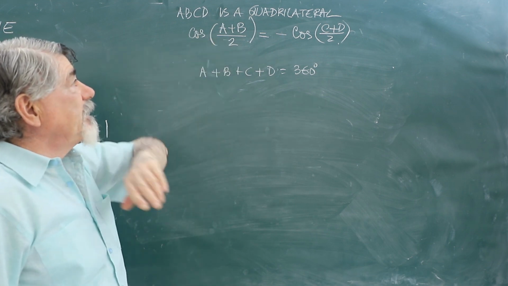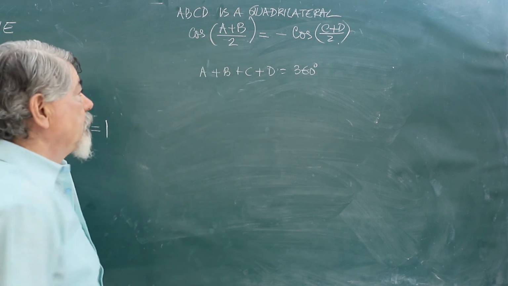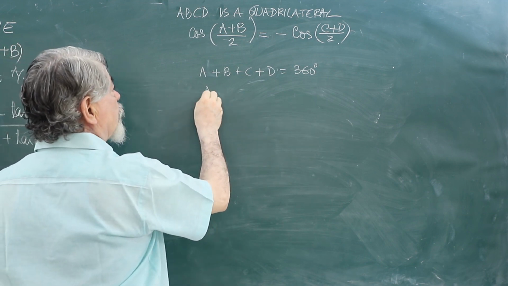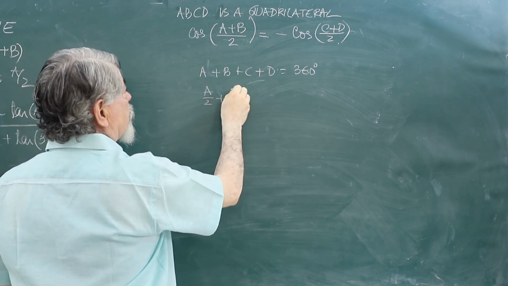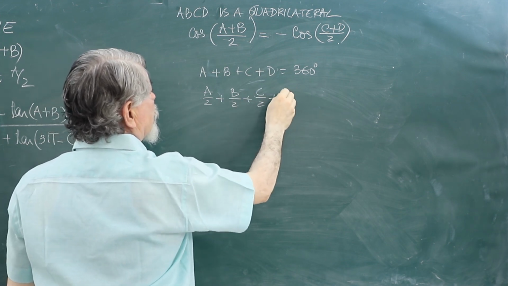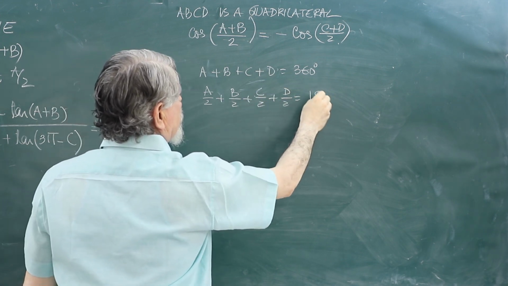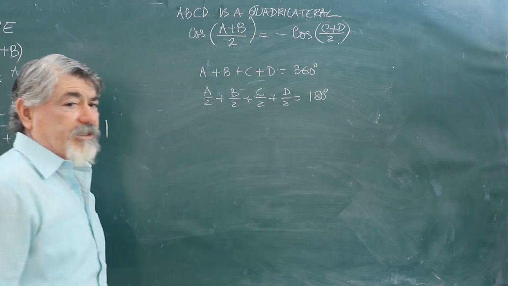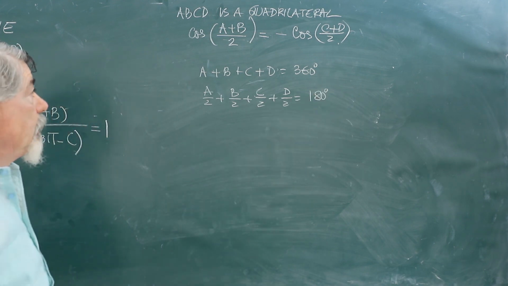But he is calculating the angles in terms of half. So we will do A upon 2 plus B upon 2 plus C upon 2 plus D upon 2 is equal to 180 degrees, because 360 divided by 2 will give us 180 degrees.